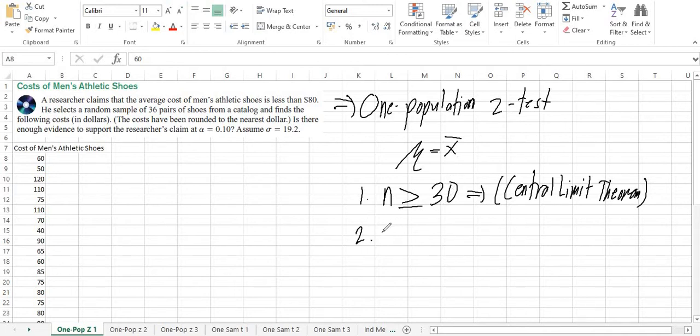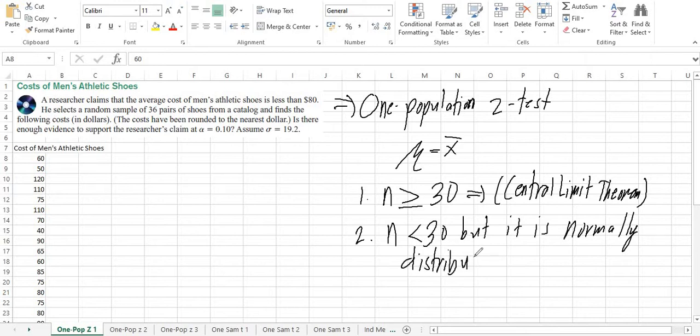Another one is that if the sample size is less than 30 but it is normally distributed. As the name implies, it is a z-test, meaning we would need it to be a normal distribution because we're using z-test here.